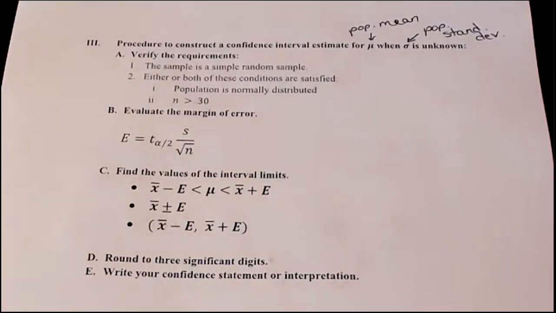So what we're actually going to do is take this information just like we did with our population proportion. We say, okay, does it meet certain requirements? That's the first thing. The next thing is, what's the margin of error? Because we're looking for that confidence interval. We want to find an upper and a lower bound. So we have a specific formula for the margin of error in this case using the t-distribution.